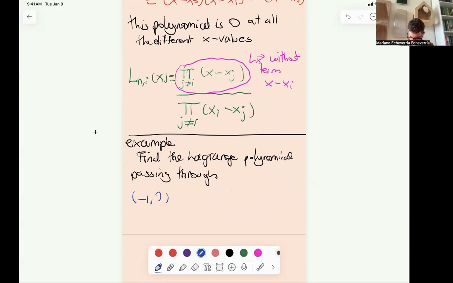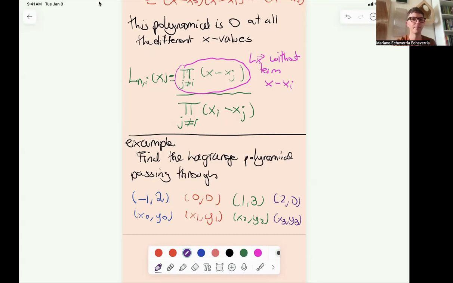Below, I'll put what it represents in our notation: (0, 0) is x1, y1, then (1, 3) is x2, y2, and the last one, (2, 0), is x3, y3.